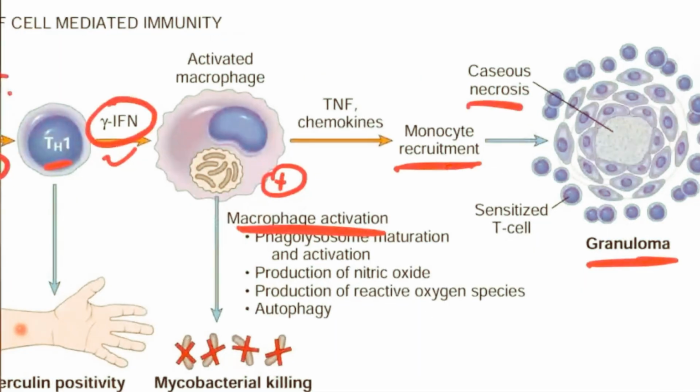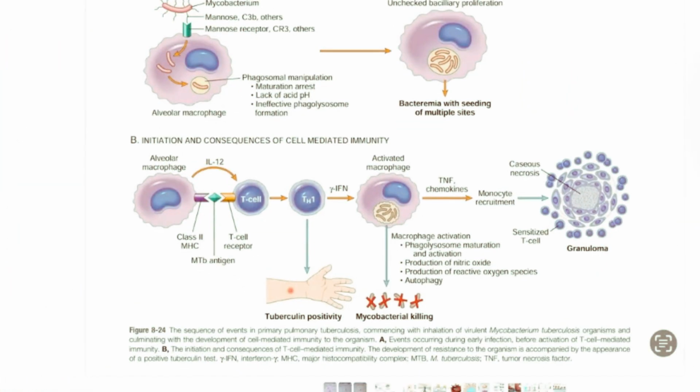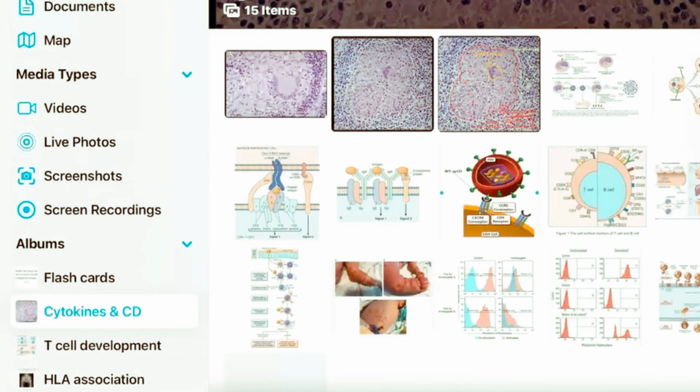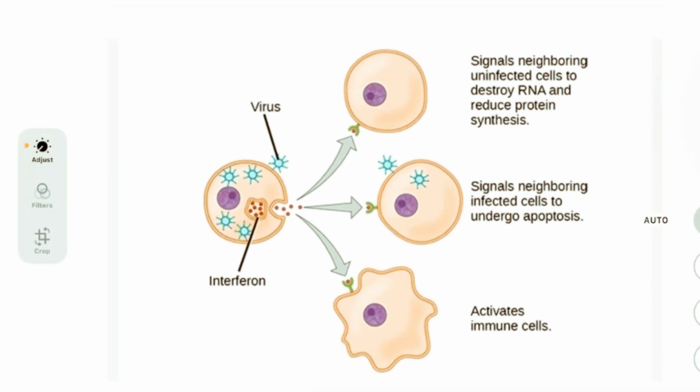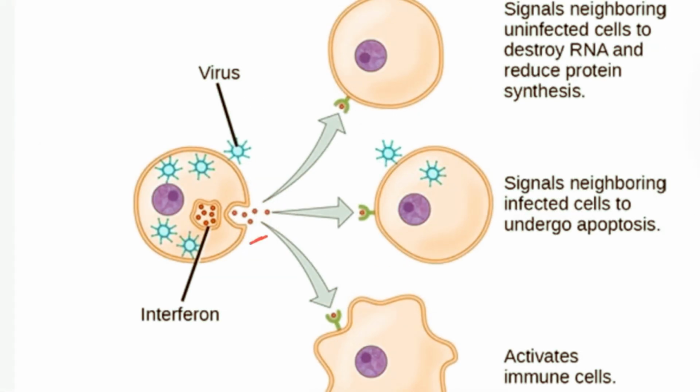Let's see if we have an image of that. This disrupts the production when the virus leaves that infected cell to the other cells. The interferon that is produced here, as you can see, the cell that was infected with the virus produced interferon to warn these other cells about the presence of the virus.